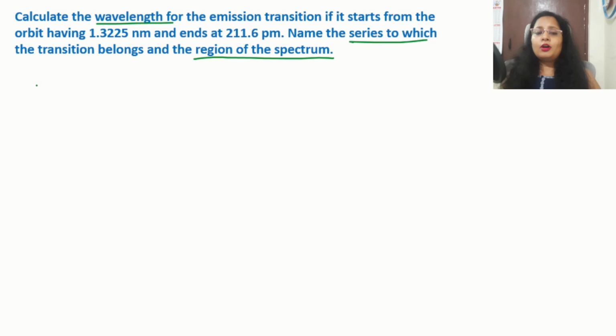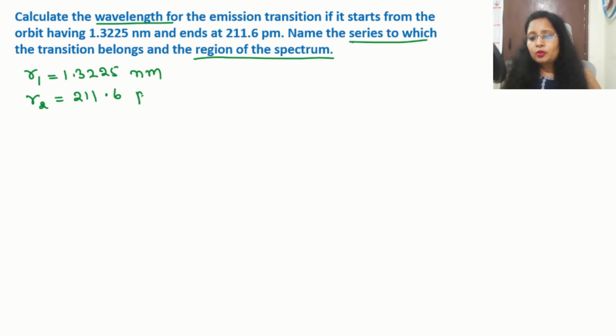So first of all, we will write the given values. Here the radius is given for the orbit number 1, that is R1, which is 1.3225 nanometer. R2 is given as 211.6 picometer. So we will change the nanometer to picometer, so both will be in the same unit.